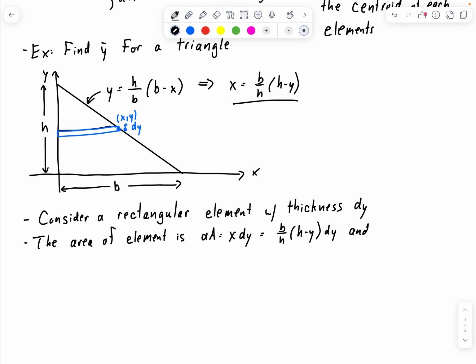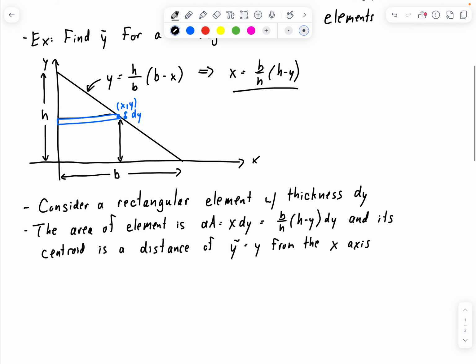And further, we can write down the centroid of that particular element. So its centroid is a distance of y tilde is equal to y from the x-axis. And we know that because this point here is point x, y, right? And so that is the centroid of that smaller element.